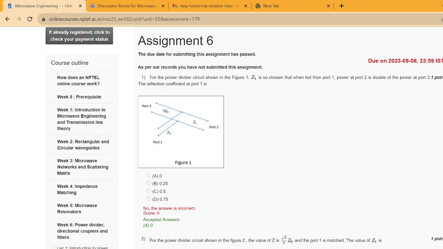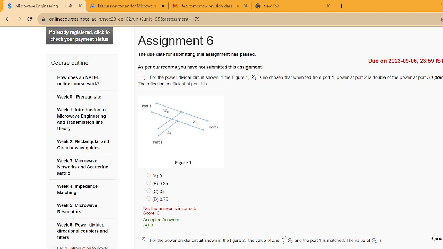Z0 will cancel, 2 will cancel, 3 and 9 will cancel. So finally the answer will be Z0. Okay. So these two in parallel will give you Z0. Now that Z0 is coming here. So the equivalent impedance is Z0. Now what is the input impedance of this line? That is again Z0. Okay.